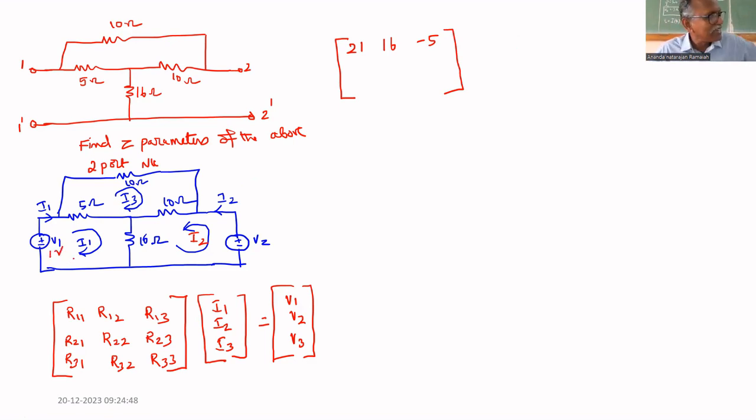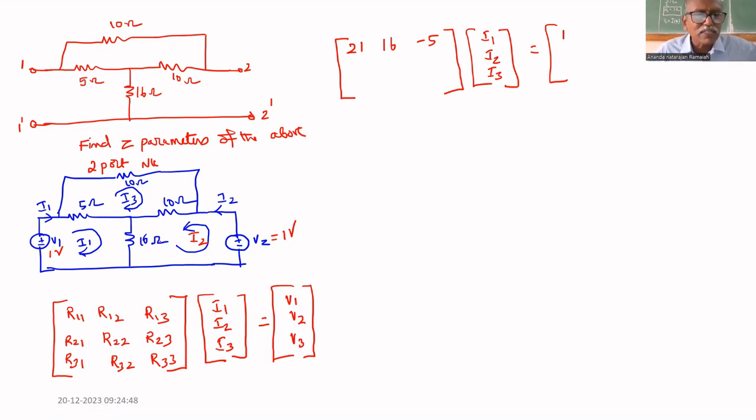Deliberately, we are assuming 1 volt, V2 also 1 volt, giving some 1 volt source to find the impedances. Because along the current direction, there is a rise in potential. The wordings are important. That's why positive.